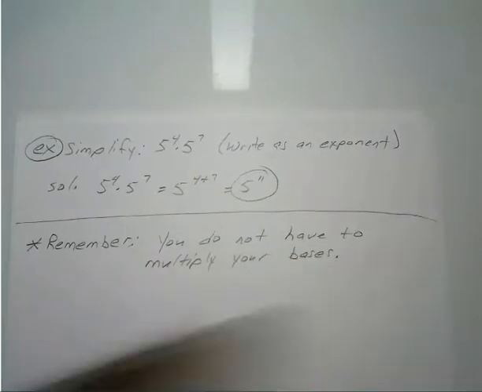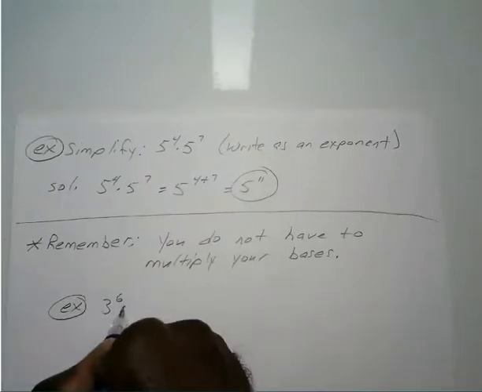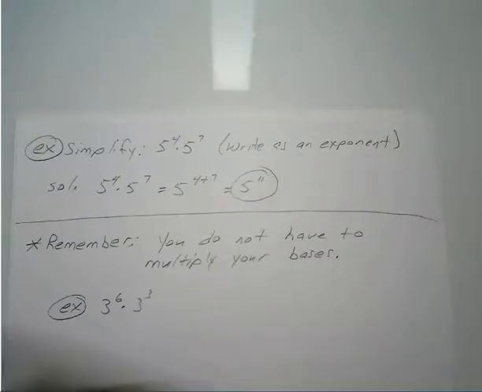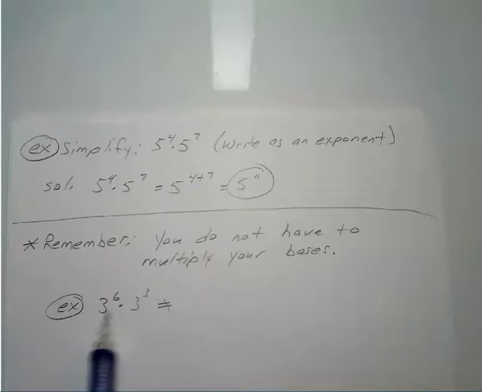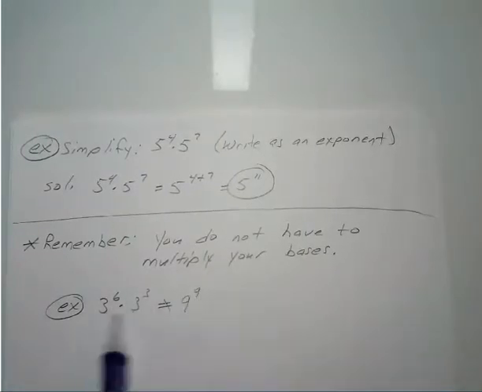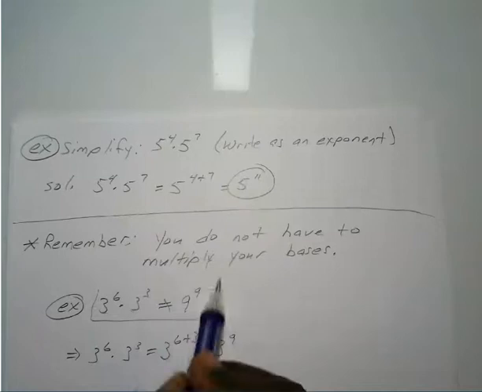For example, if you have 3 to the 6th power times 3 to the 3rd power, that does not equal 3 times 3 is 9 and 6 plus 3 is 9. You don't multiply your bases. Instead, if you have 3 to the 6th power times 3 to the 3rd power, that's going to equal 3 to the 6 plus 3, which is 3 to the 9th power. So this right here is incorrect. Don't want to do that.